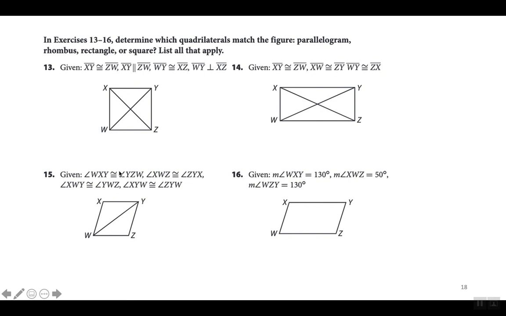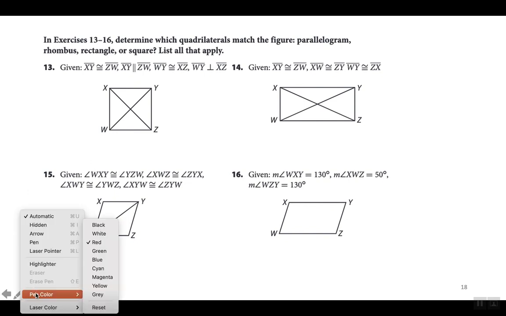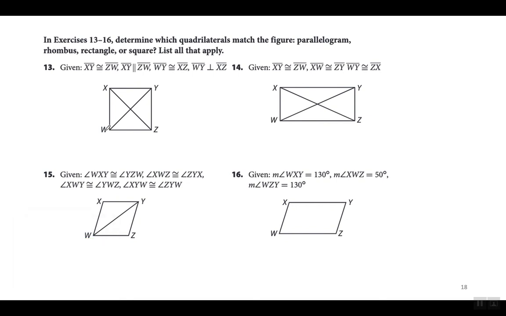All right, so look at our first one. Look at number 13, all right? And since there's so many conditions, I would recommend you pay attention to how I'm going to approach the problem. All right, so first of all, let's go over the given information. It says XY is congruent to ZW. XY is parallel to ZW.